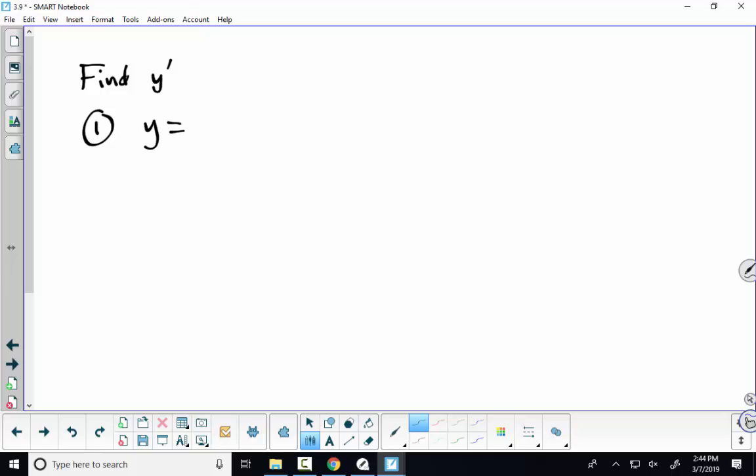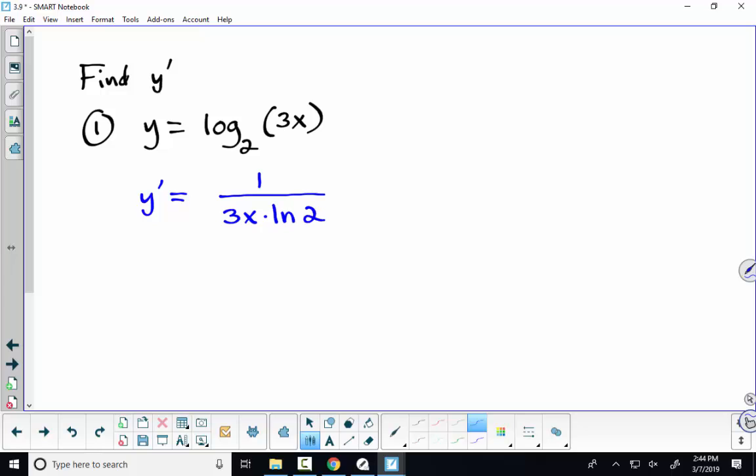Let's find the derivative of y equals the log base 2 of 3x. So our derivative formula says that to take the derivative of the log base 2 of 3x, it's 1 over the argument times the natural log of the base, which was 2, the base of the logarithm, times the derivative of the argument.